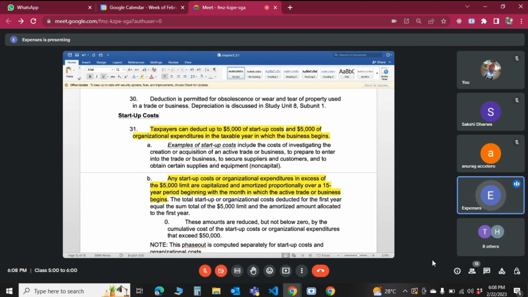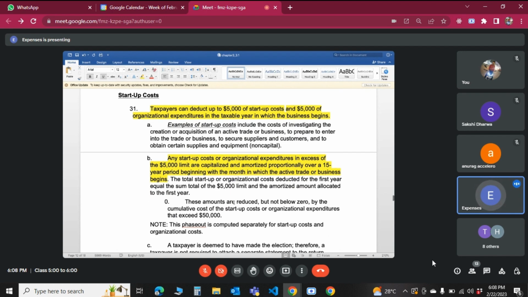So what IRS is saying is, $5,000 straight away you can take as startup cost in the year in which the business begins. Typically that would be the year of incorporation, but if you can prove that you incorporated but never actually began any business until next year, we can take that for the year in which the business has started. Any expenses above $5,000, you'll have to amortize.